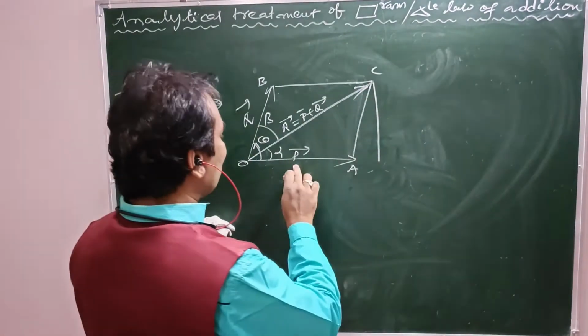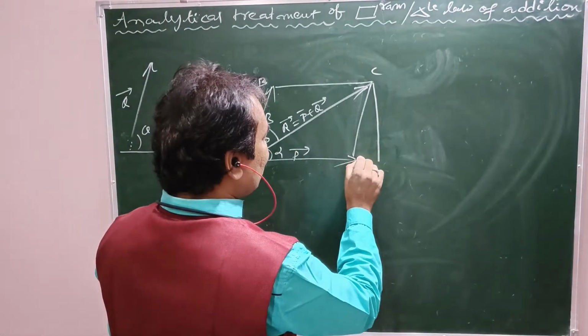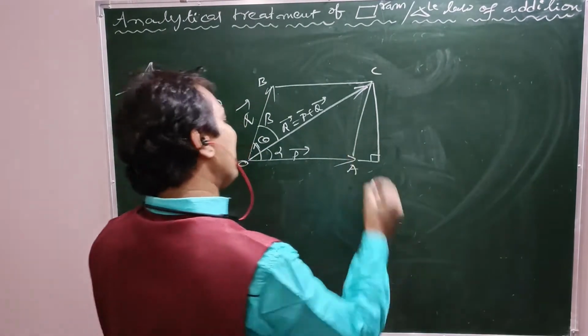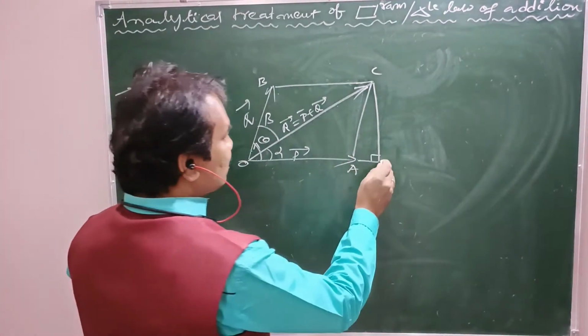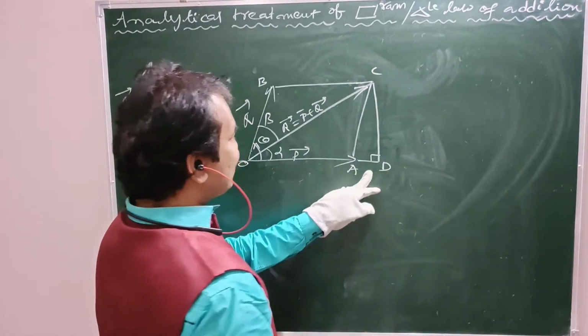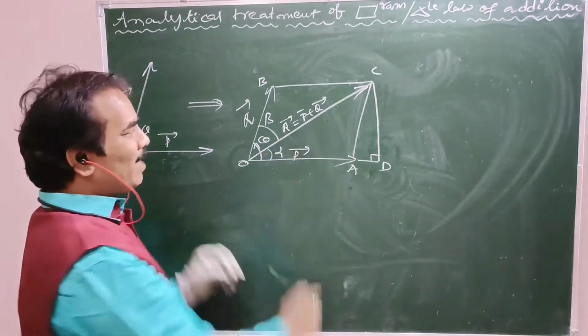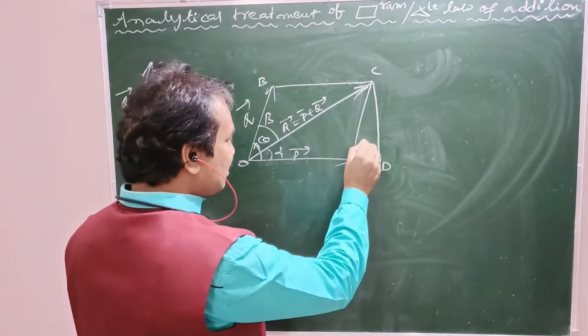Normal drawn onto P bar as shown. Now I am extending this vector from here to there. This is a right angle, because this is CD. In fact, CD is normal as far as OA bar, otherwise P bar, is concerned. Now as it is theta, here also this is theta.